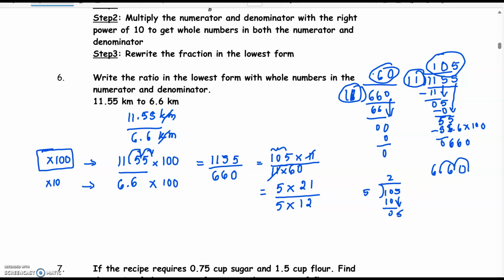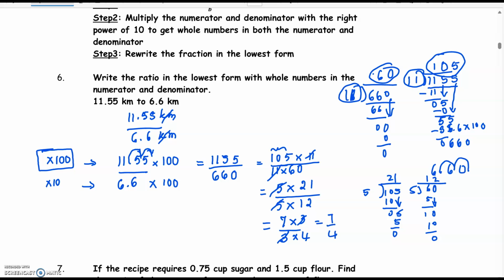Bring the 5 down, 5 1s are 5. And same with the 60. 5 1s are 5. Bring the 0 down, 5 2s are 10, and we get a remainder of 0. So cancel the 5s. And then, of course, we still have a 3, which is a common factor. 7 3s are 21. 3 times 4 is 12. Cancel the 3s, and I'm left with 7 over 4.